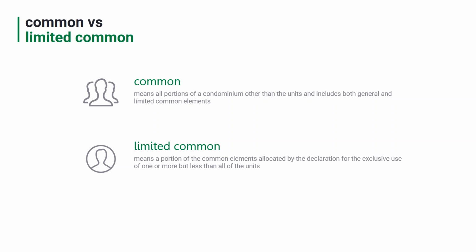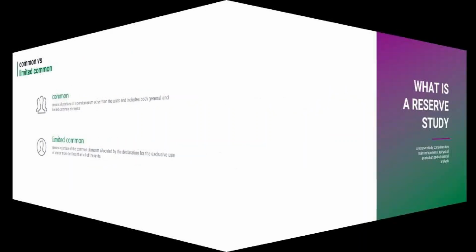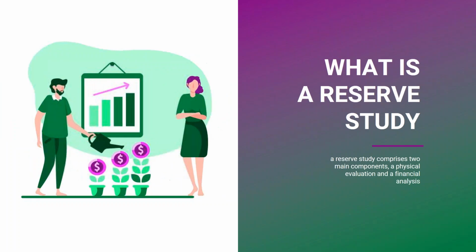So walking into a community and I hear, well, that's limited common element, the association doesn't have to worry about it. While that may be true, we just always want to make sure we dig further. I've seen associations trip up on that. So I always like to use this as an opportunity to drive home that point. You really need to investigate further and not just stop at that classification of a limited common element.